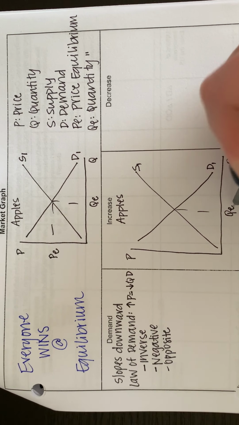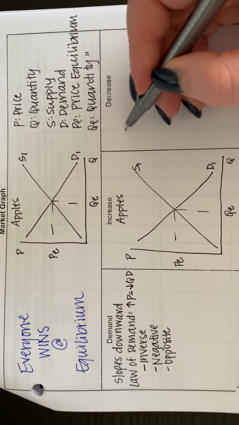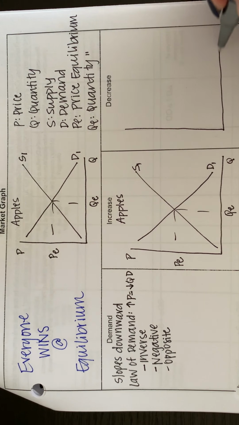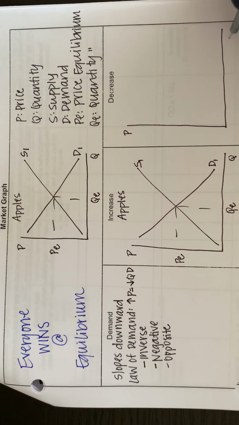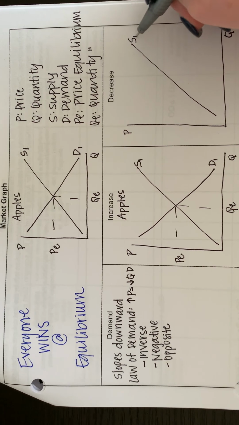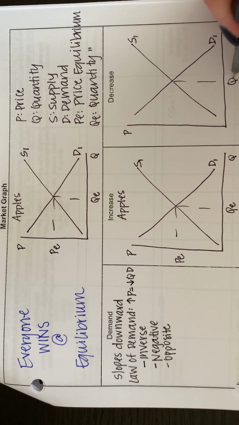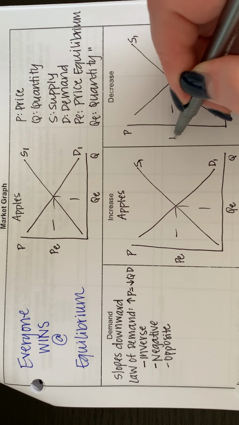And go ahead and label your quantity equilibrium and your price equilibrium points. And do the same thing in decrease. Prices on the vertical, quantities on the horizontal, supply slopes upward, demand slopes downward in our equilibrium points.